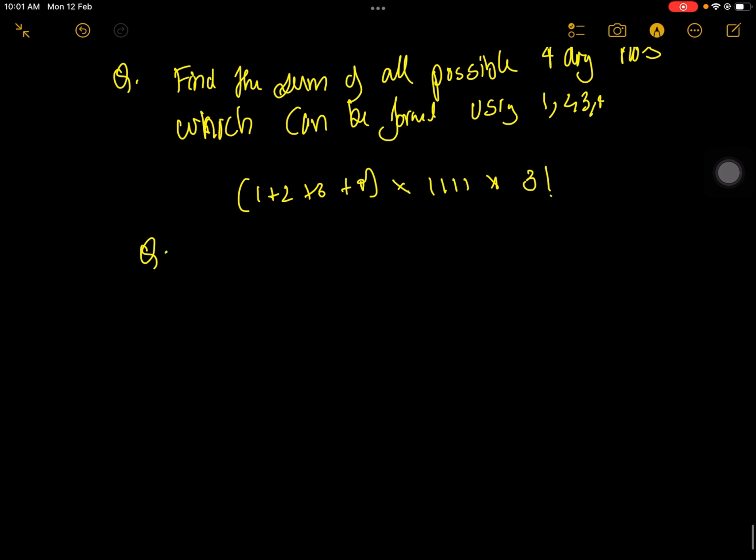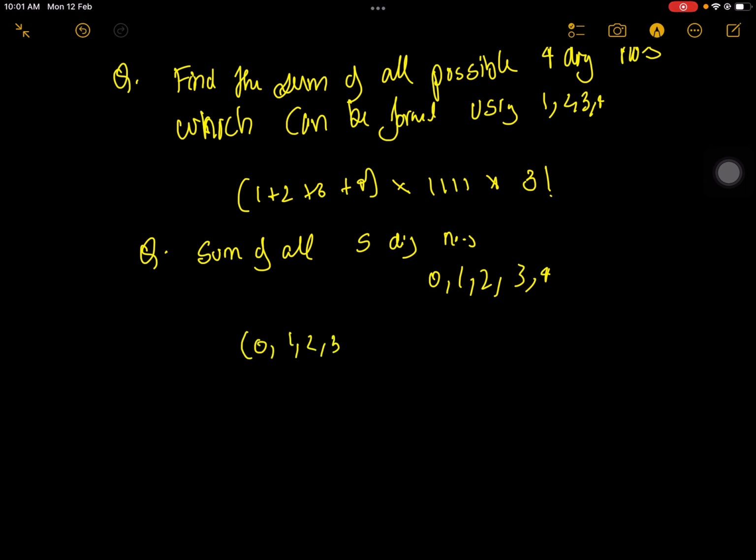Let's look at how they can vary these questions. Sum of all 5-digit numbers which can be formed from 0, 1, 2, 3, 4. So the first method is to write 0 plus 1 plus 2 plus 3 plus 4 into 1, 1, 1, 1, 1 into 4 factorial.